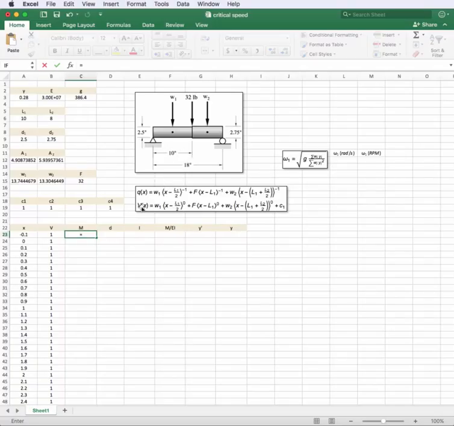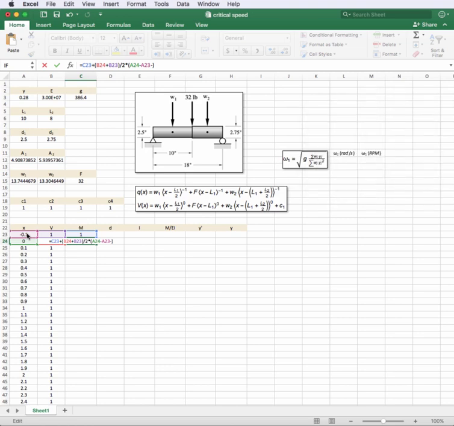So this is equal to, oh, I'm not doing the integral yet. This is just equal to C2. Sorry about that. Now this next one is going to be equal to the previous result plus the area of that trapezoid. So the area of the trapezoid is this guy plus that guy divided by 2. That's the average height times the width, which is that guy, the x direction, minus that other x coordinate there, like that.